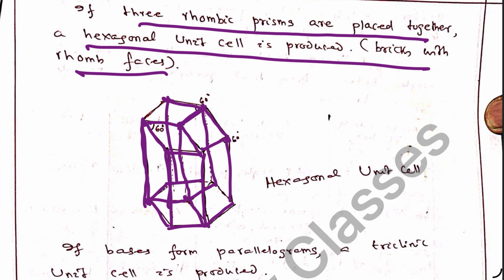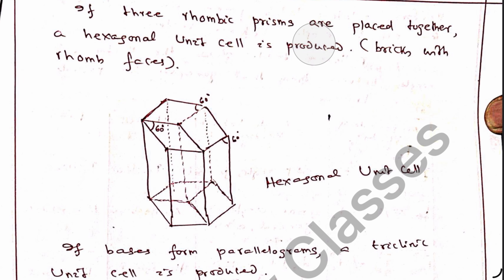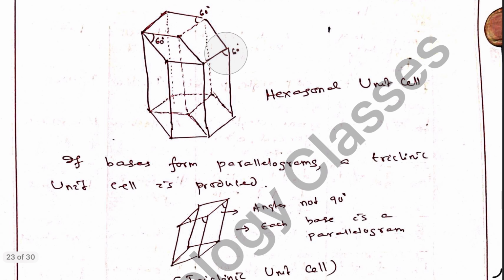This is the third type. So it becomes a hexagonal net. 3 rhombic cells joined together, leaving no gap between them, produce a hexagonal unit cell. But this angle should be 90 degrees.